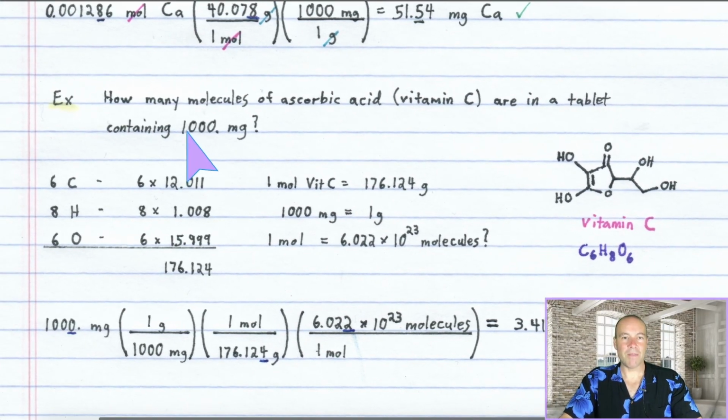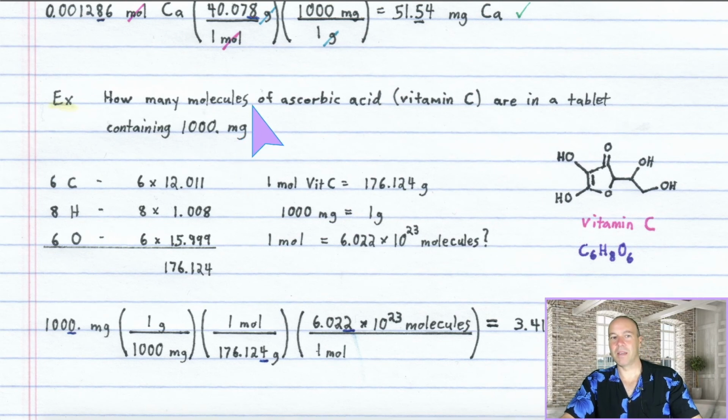Now, if you have the mass of ascorbic acid and you're asked to calculate the molecules, you're going to need the molar mass conversion again. That relates grams to moles. Okay, and if you know how many moles, you can figure out how many molecules. So let's get the molar mass using that formula.